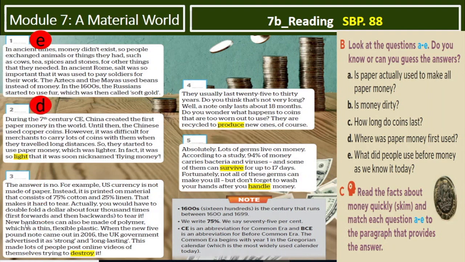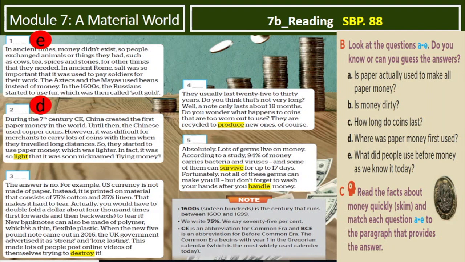Yes, paragraph number 2 is mainly about what was paper money first used. The heading of paragraph number 2 is what was the paper money used first. What people used paper money first. So this is the heading of paragraph number 2.